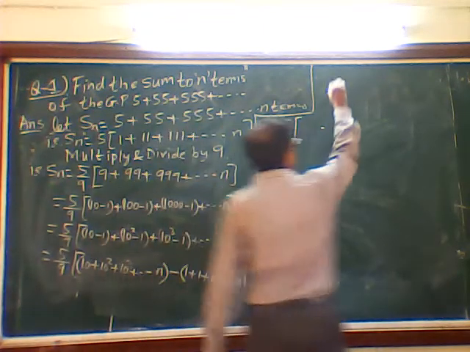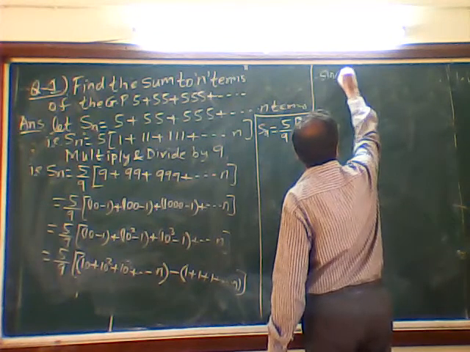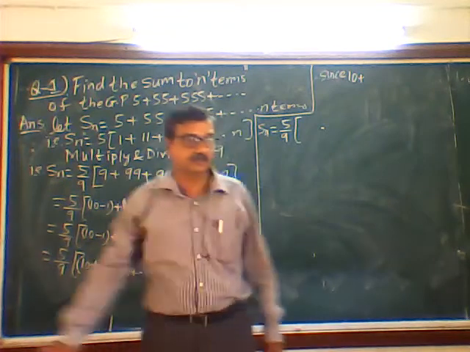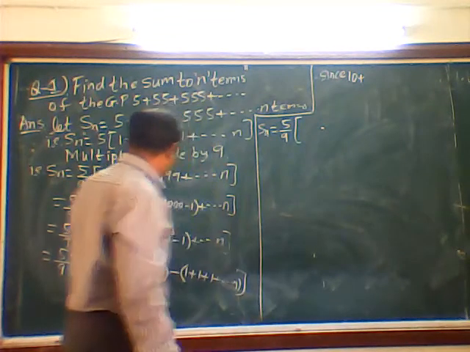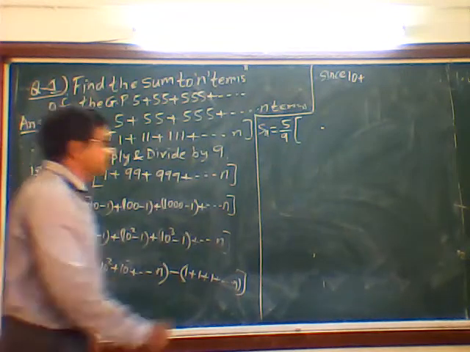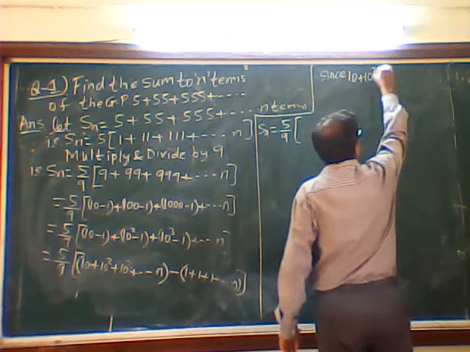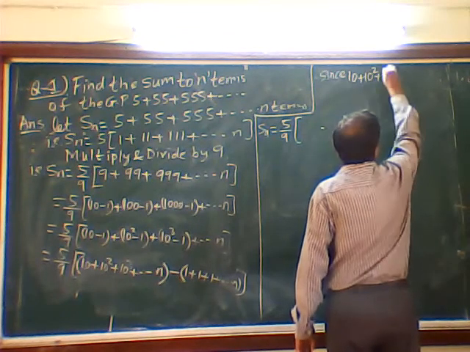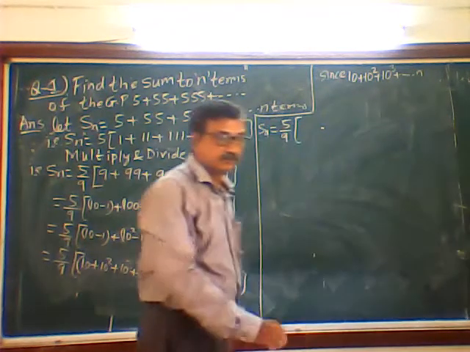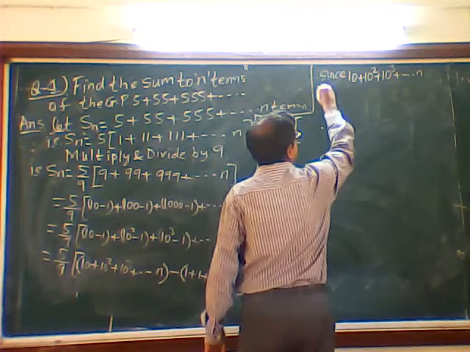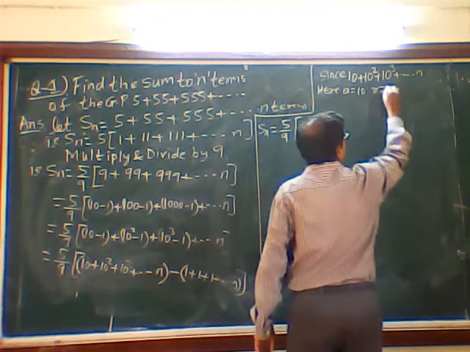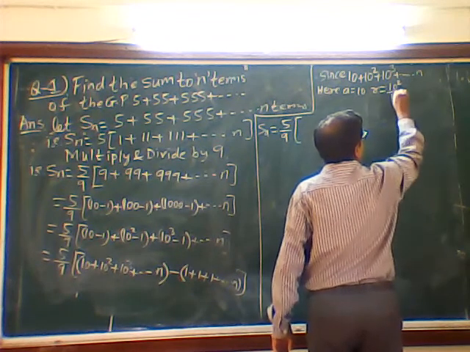I am solving only this part: 10 plus 10 square plus 10 cube plus dot dot dot. Here a is 10. And what is r? 10 square divided by 10.